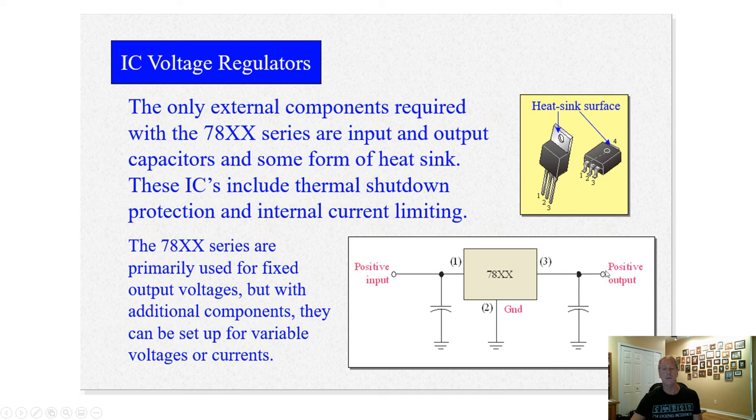So if you have a transient load change, like a motor kicking on, or a relay or a solenoid or something that requires a lot of current right away, it'll get that current coming out of the capacitor and lessen the demand on the voltage regulator, improving your load regulation. Same for this capacitor for line regulation. If you have some funny stuff going on in your input voltage, it will smooth those out and give the regulator a break. And again, these are heat sink surfaces.